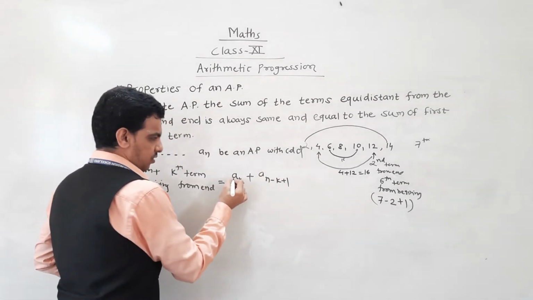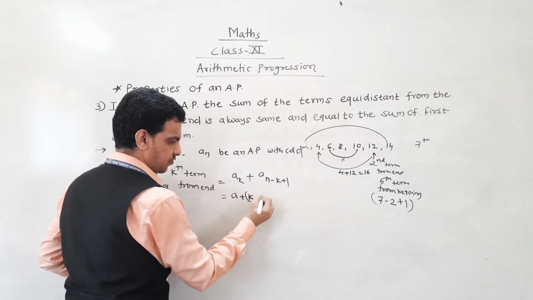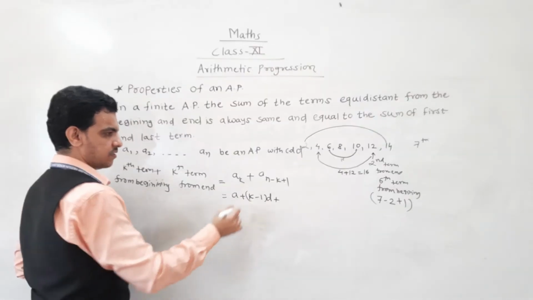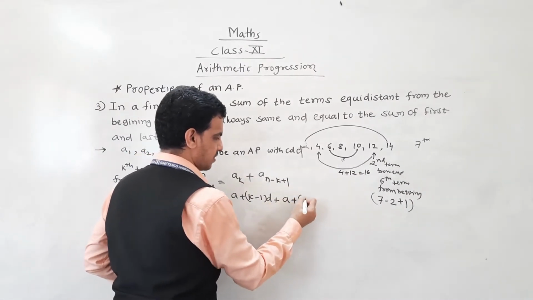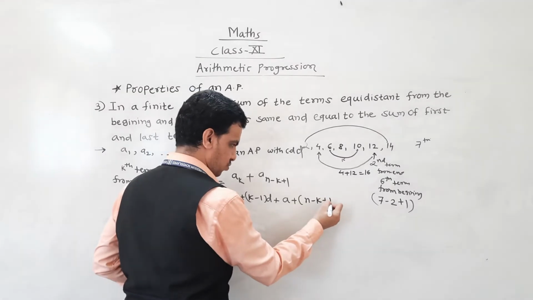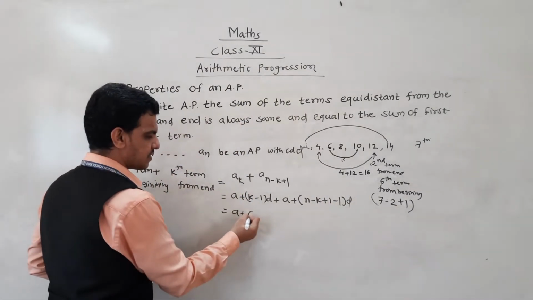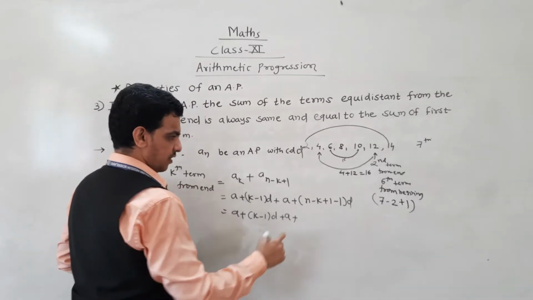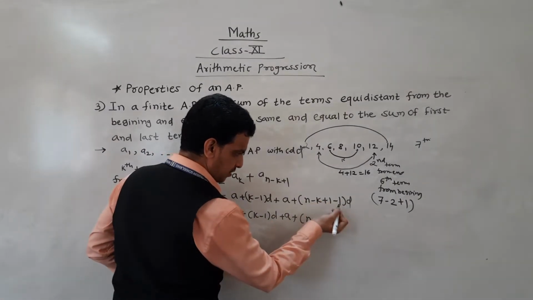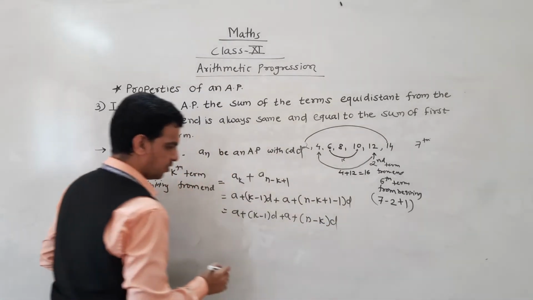Okay, now the kth term, how do we write? a plus (k minus 1) into d, plus the (n minus k plus 1)th term, a plus (n minus k plus 1 minus 1) into d. That is a plus (k minus 1) into d plus a plus, the plus 1 minus 1 cancel, (n minus k) into d.